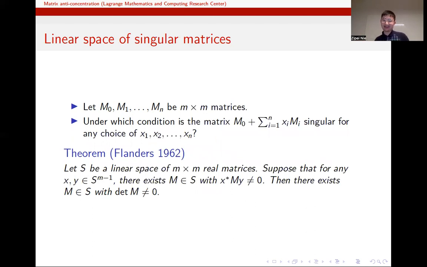Fortunately, there's an old result in linear algebra that answers this question. It says that if all linear combinations are singular, then there exist two unit vectors, x and y, such that x transpose times M times y is always 0 for any matrix M in that linear space.